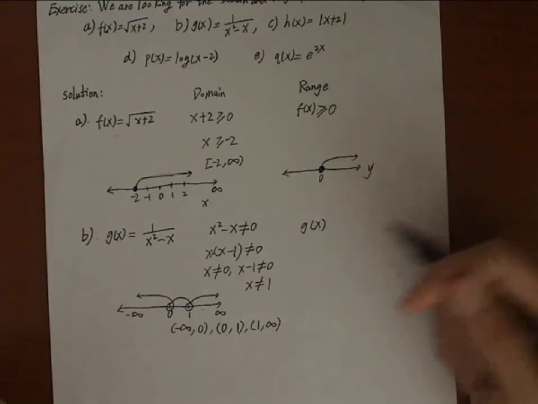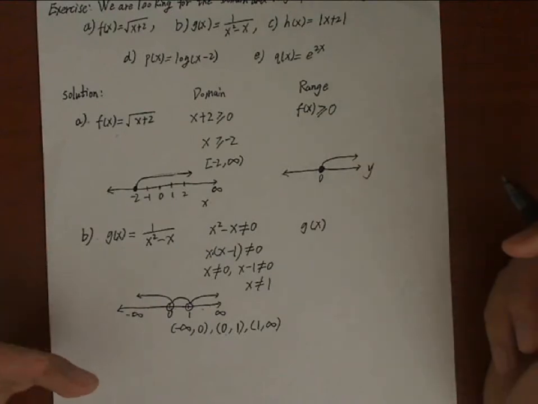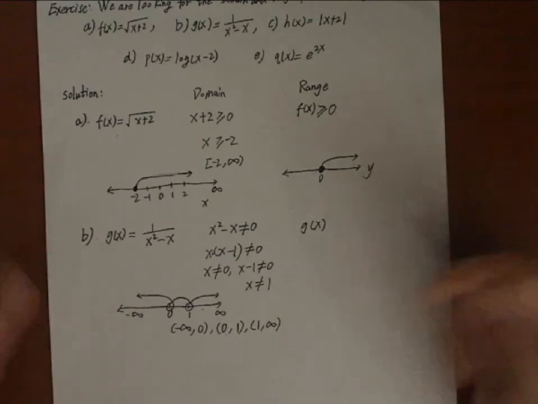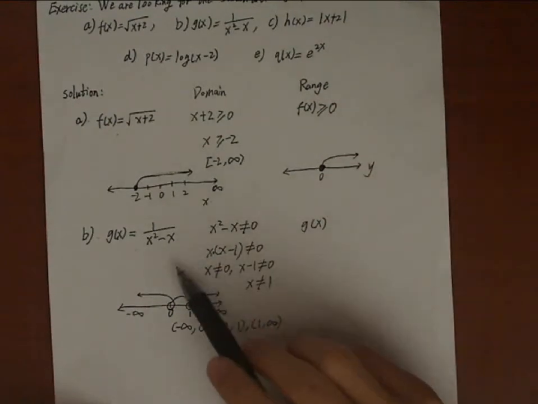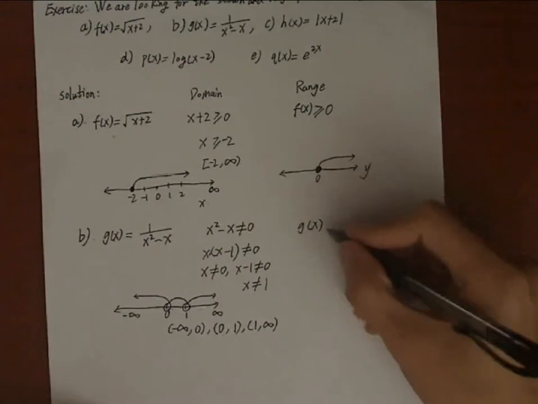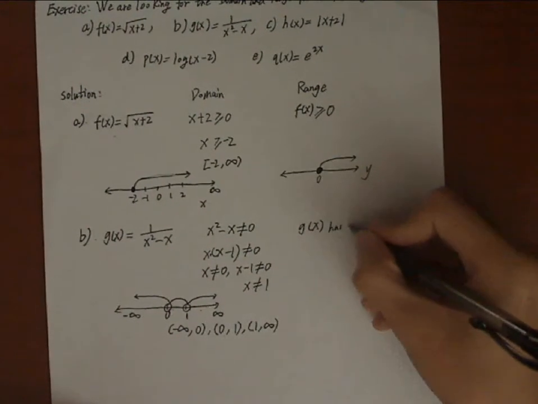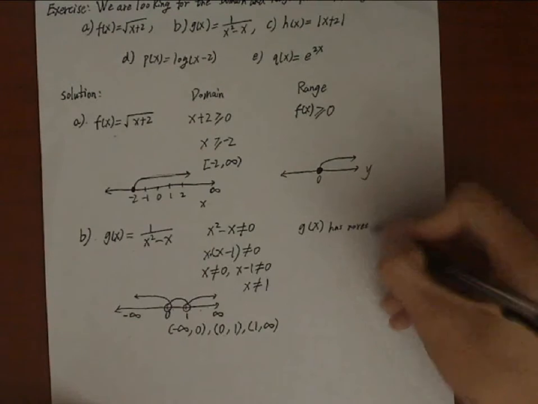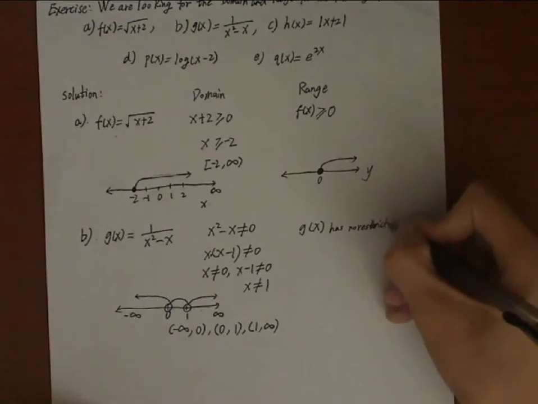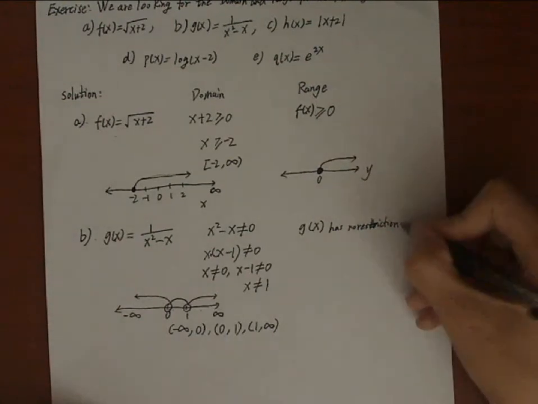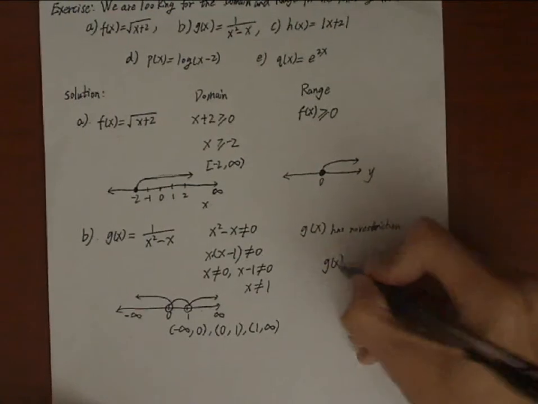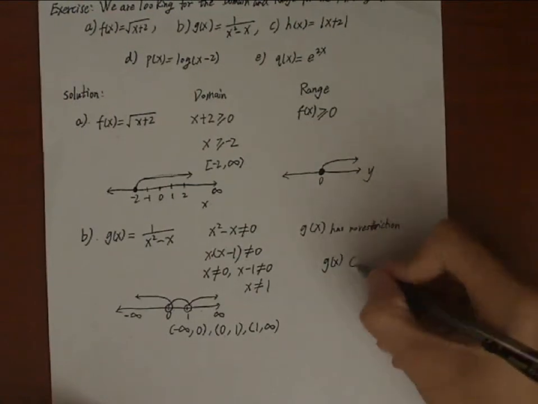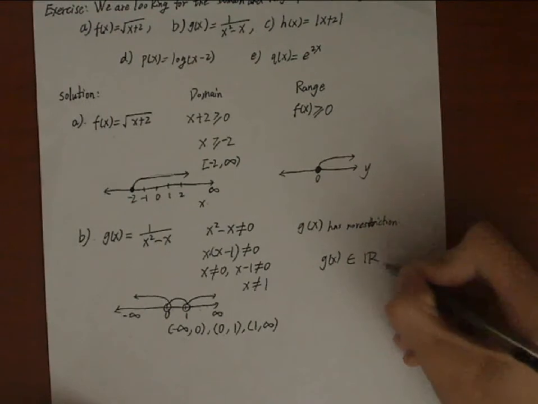It can be 1 over 800. There's not too much restriction on the result of the fraction. Okay, that means this has no restriction. That means this g of x is all real numbers.